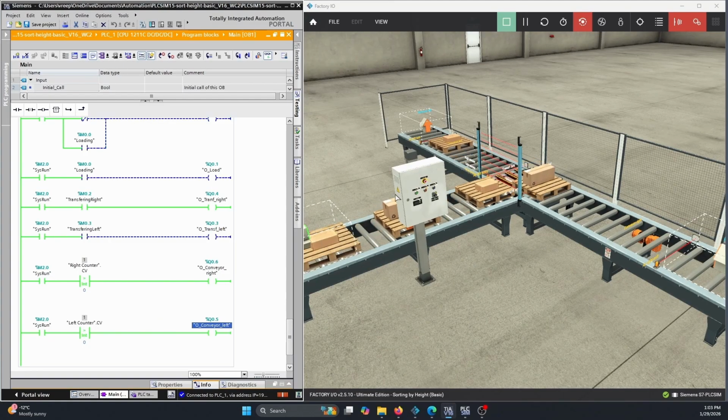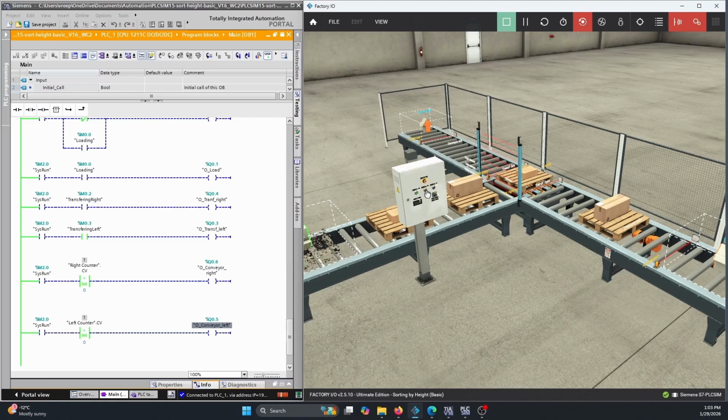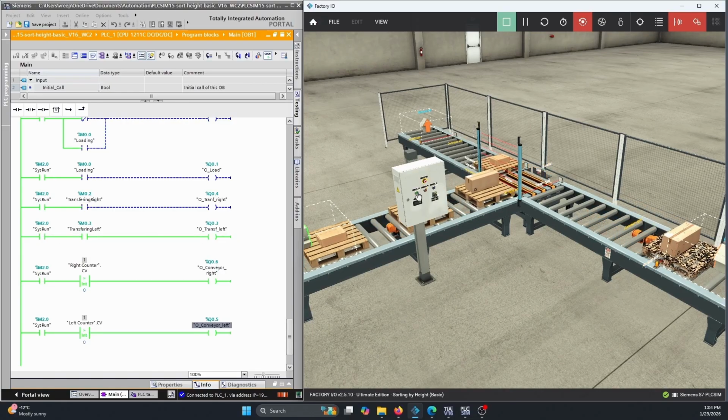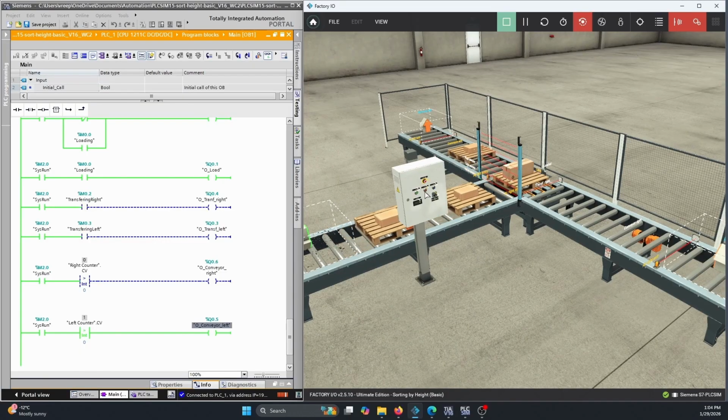Looks good, eh? Okay, let's see if we can stop at any point and then start it. Okay, that looks good. So we can stop it there. You can see that I'm stopping it where it's not blocking any of the sensors at the moment. We can start this back up again. Looks good.